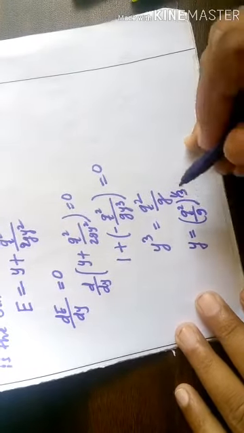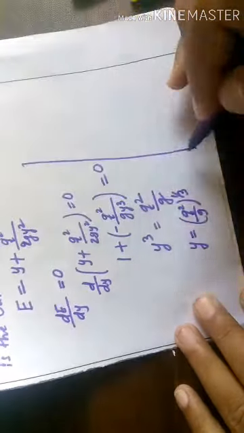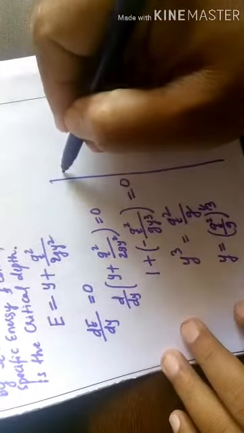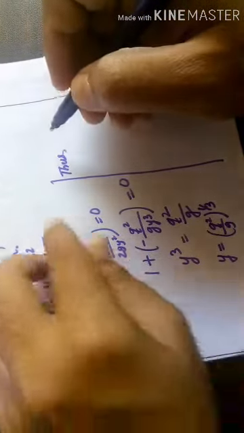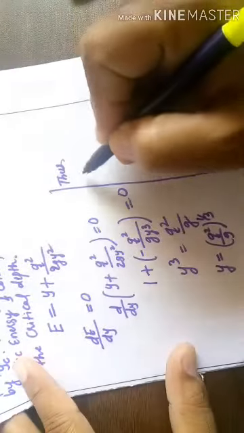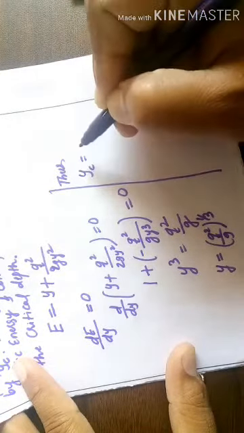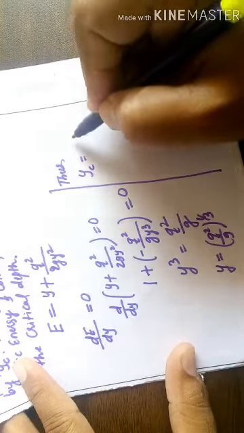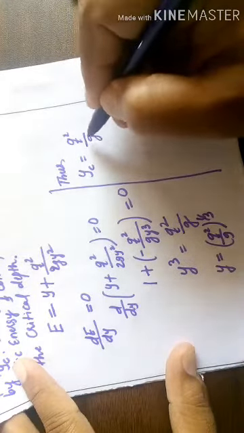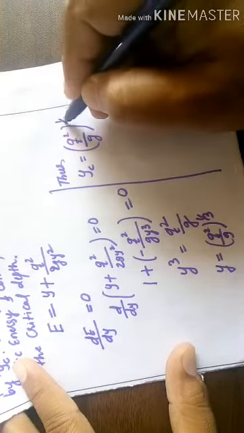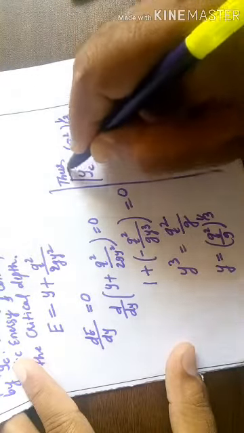Thus the critical depth is given as yc equal to q square divided by g whole raised to 1 by 3.